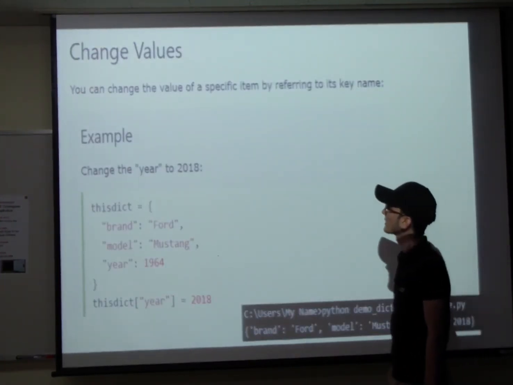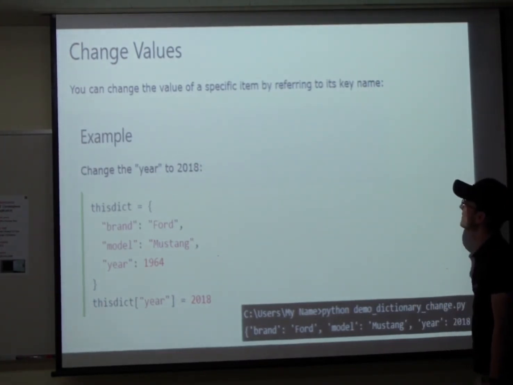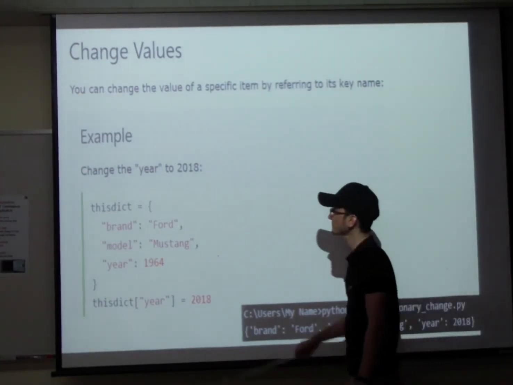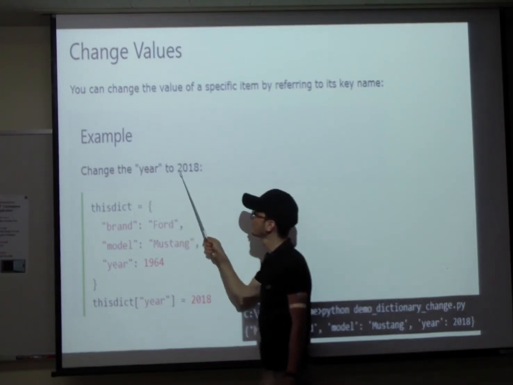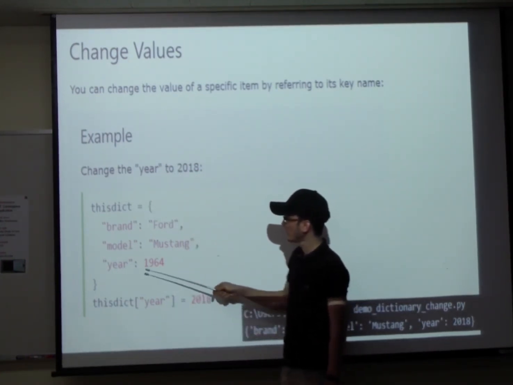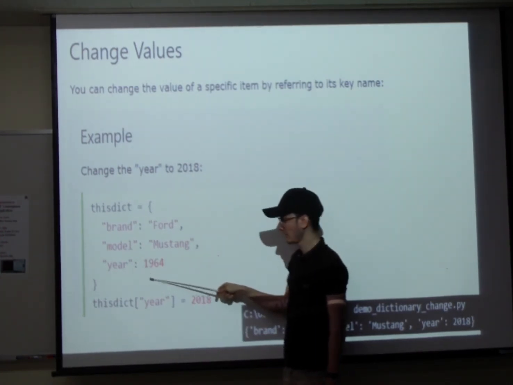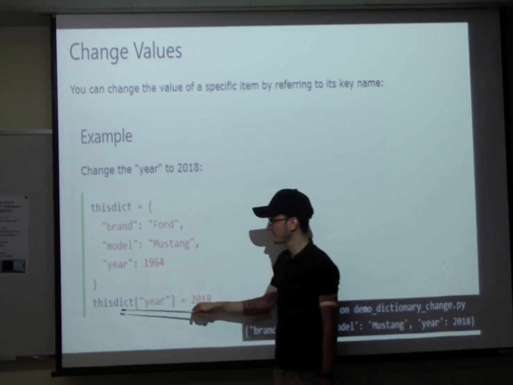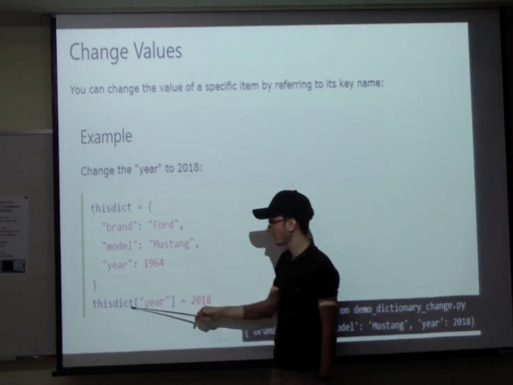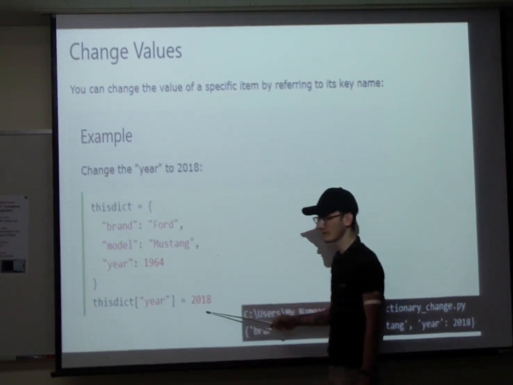Change values. You can change the value of a specific item by referring to its key name. Example, change the year to 2018. So here our year is 1964. And below the dictionary we are writing the name of the dictionary, year equals 2018.